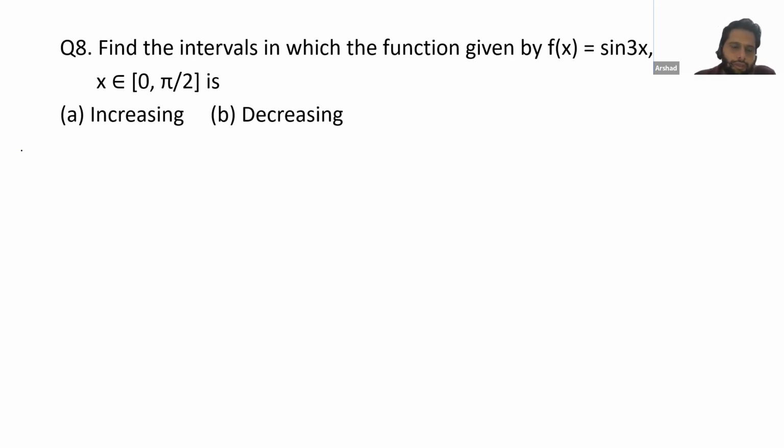Has anyone found the critical points? Anyone got the critical points here? No? All of you, please check here.